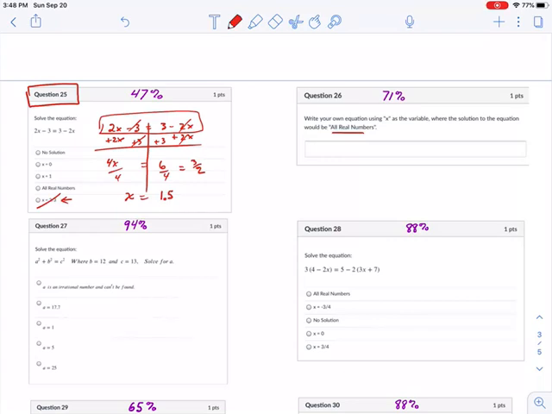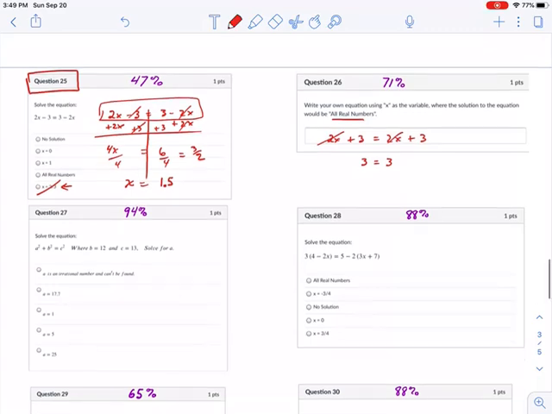I'll just take it out. 26, all real numbers, the left side and the right side have to be exactly the same. You could have 2x plus 3 equals 2x plus 3. Some of you wrote some things that are way more complicated than that, but basically what has to happen is all the x's have to cancel out on both sides, and then whatever's left has to be equal, like that.